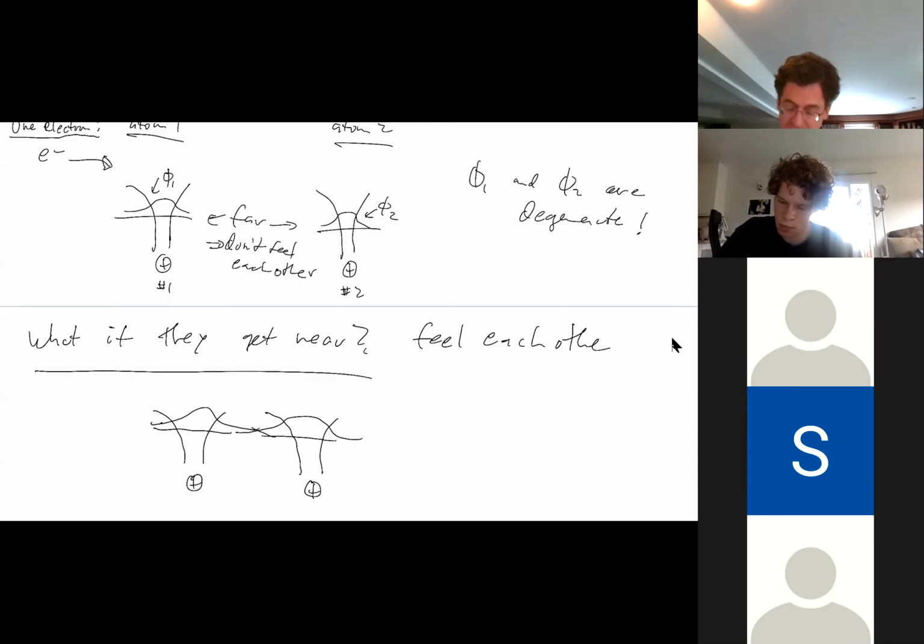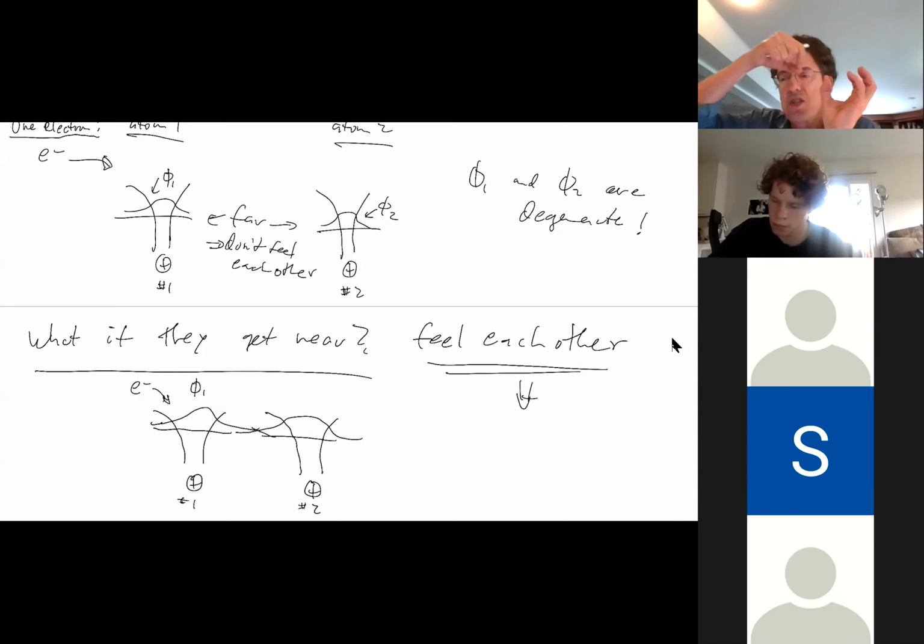What does it mean to feel each other? It means that the electron in one atom feels the tug of the other nucleus.